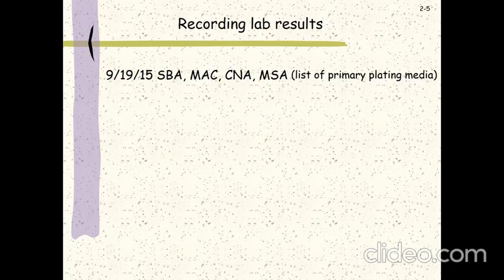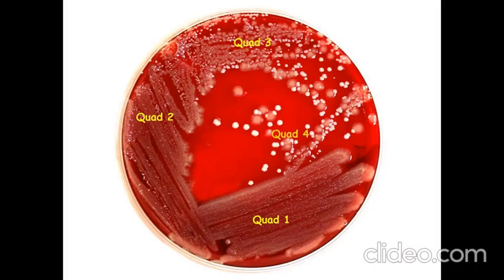Now, in our laboratory, we would come in, we'd look at the SBA, and we would list it down there. And then from there, we would start going through the different reactions, and we'd take a look at the plate that we have to see what organisms are growing. So starting out with our SBA, we would pick it up. We'd be analyzing all the different quadrants, and this is a plate that has a lot of growth on it. So from those individual quadrants, we have quad 1, 2, 3, 4.